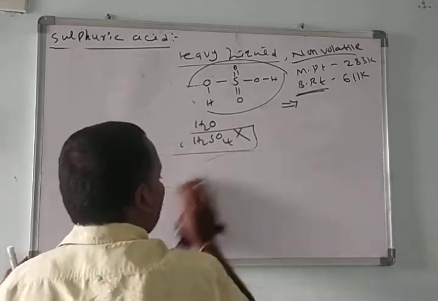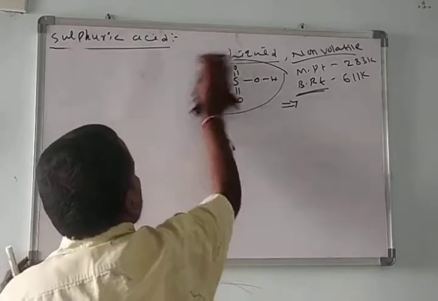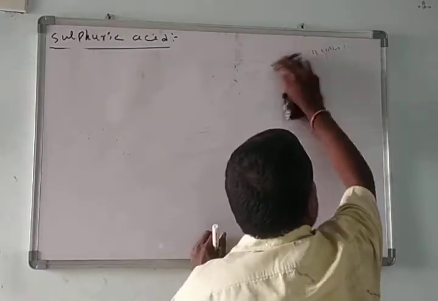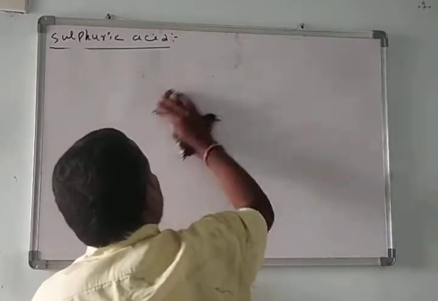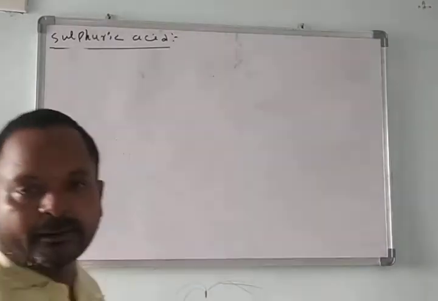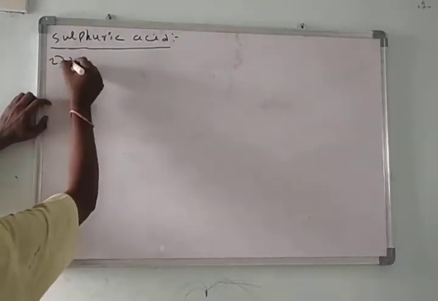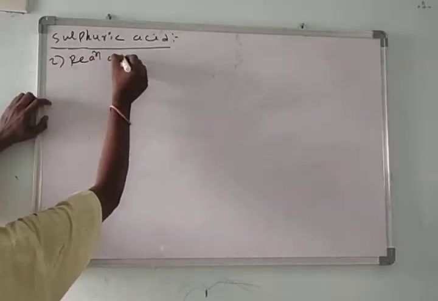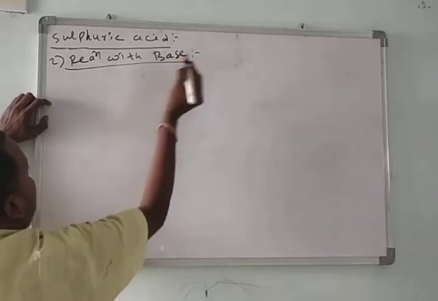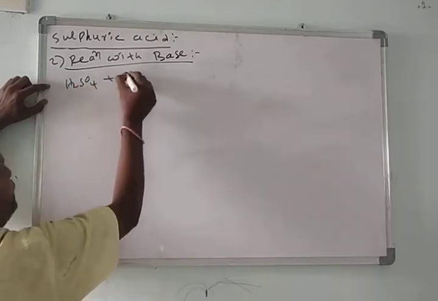Sodium hydroxide reacts with sulfuric acid and first forms sodium bisulfate. Sulfuric acid is an acid, so it easily reacts with the base.